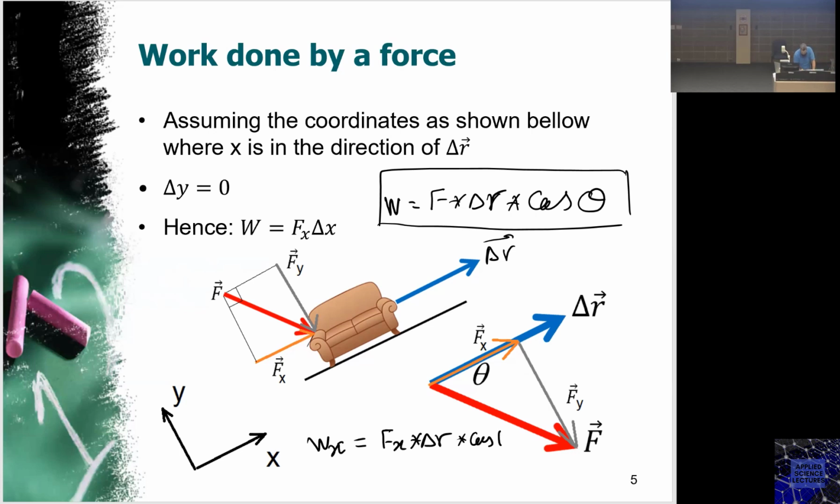So this is cosine 0, which gives Fx delta R. Now let me calculate Wy. It is Fy times delta R times cosine. Cosine what? What is the angle between Fy and the displacement?